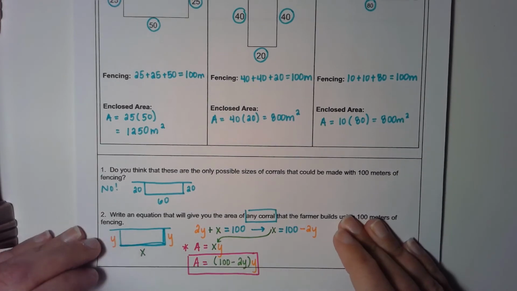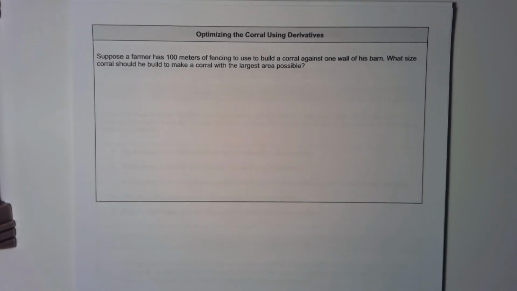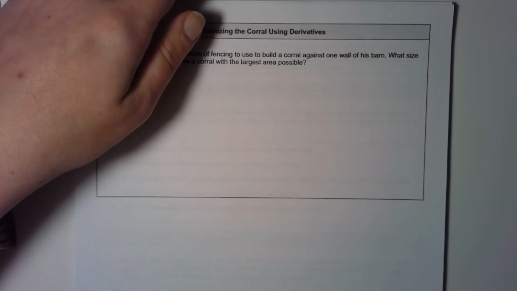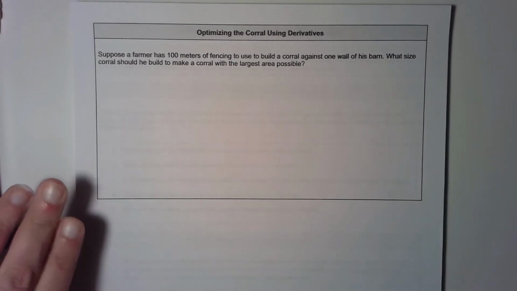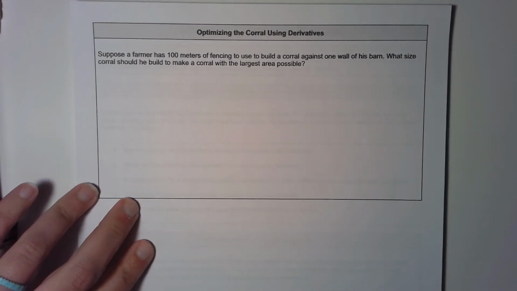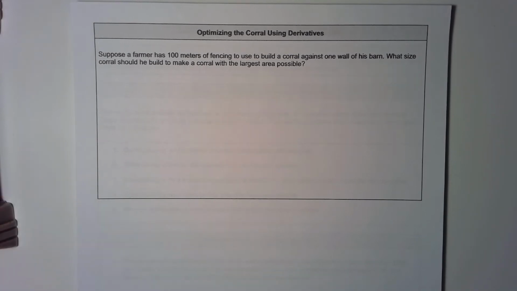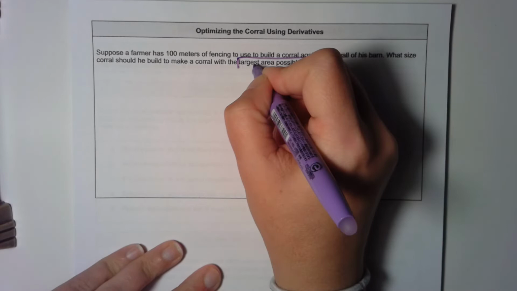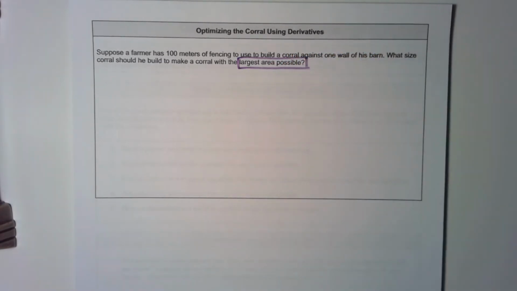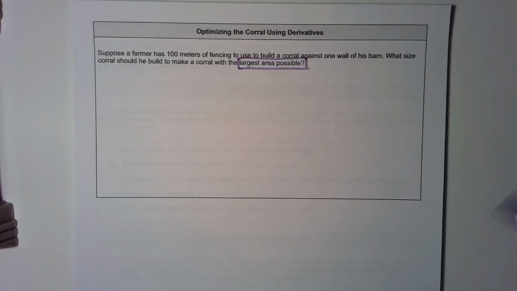Now, why would we do that? Well, we know that there are a lot of different options for sizes of corrals that we could build. How could we guarantee that we make the corral that has the largest possible area? And when I say largest possible area, I mean you know for sure that you've got the biggest space you could possibly have, and that it's guaranteed that that's the biggest.